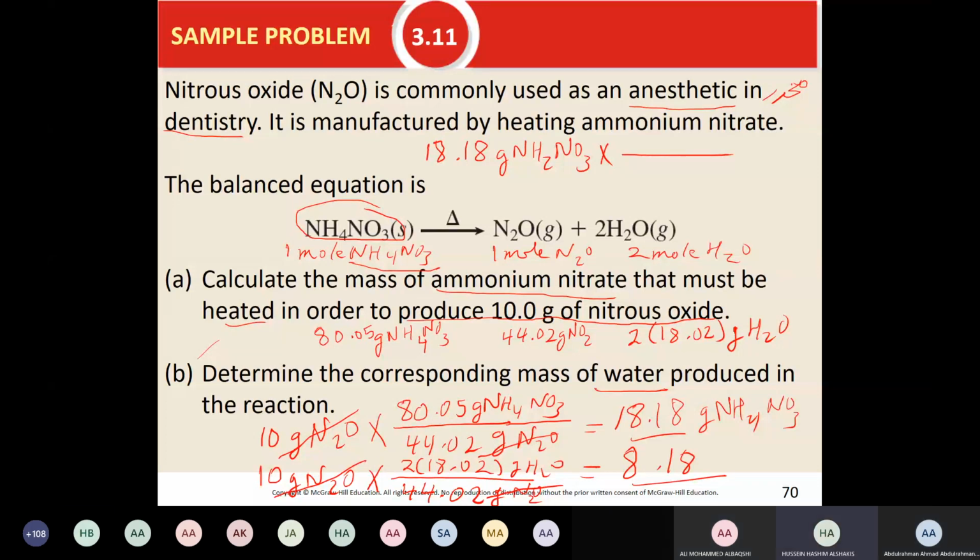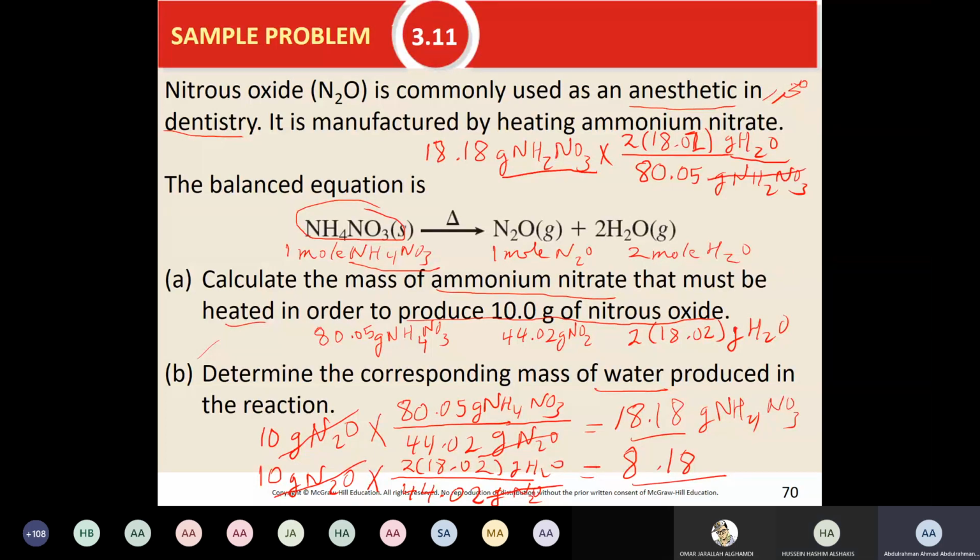I think he means, why don't we just do it from the chemical equation. Same thing. I have here gram NH4NO3. How can I find the amount of water? It's 2 times 18.02 gram H2O, and at the bottom, what should I write? 80.05 gram NH4NO3.